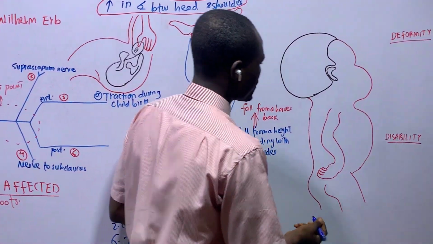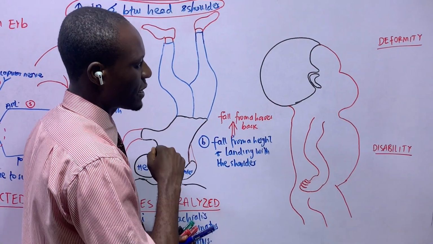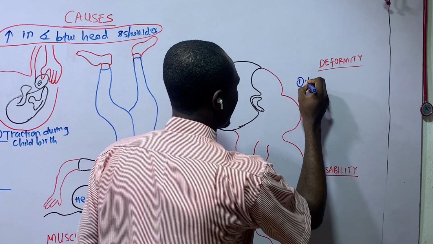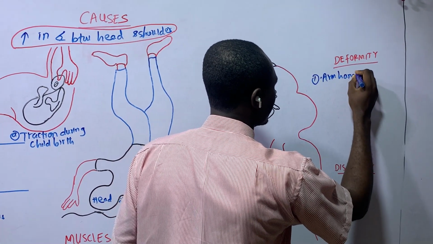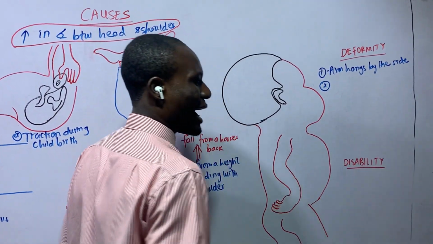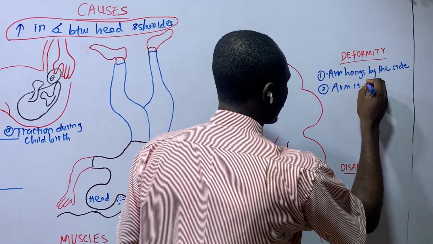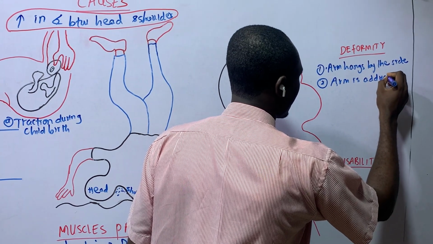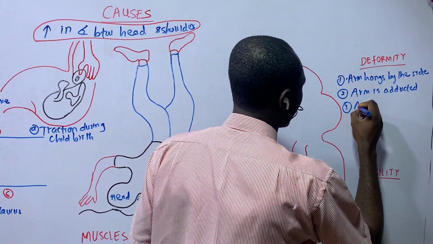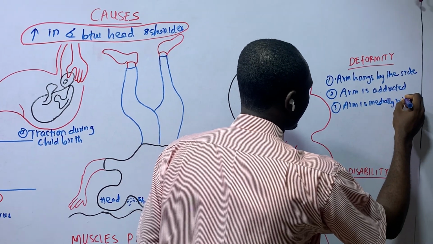Okay. So if you see this man right here, the clinical feature of Erb's paralysis. So for the deformity, the arm hangs by the side, and then the arm is adducted and medially rotated.